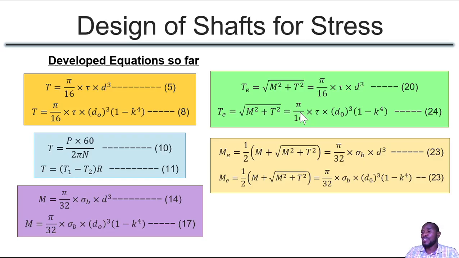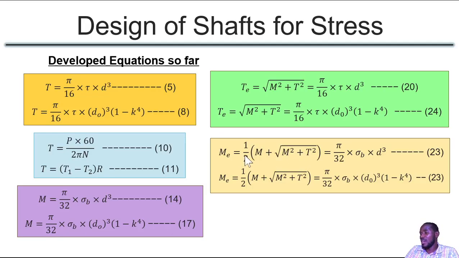Then the second theory that helps us deal with the case of combined torsional and bending moments is the maximum normal stress theory, or the Rankine's theory, where we treat the shaft as though it were subjected to bending moments only, but for the maximum bending moment, we find an equivalent value which combines the values of the maximum bending moment actually acting in the shaft and the torque to be transmitted.